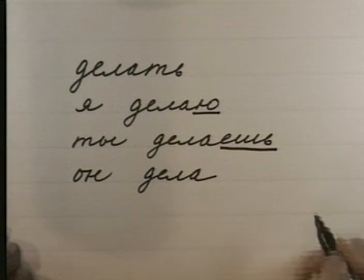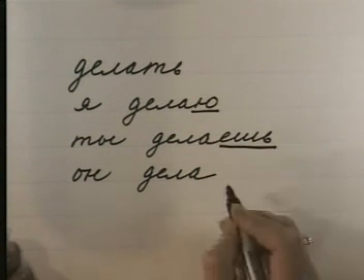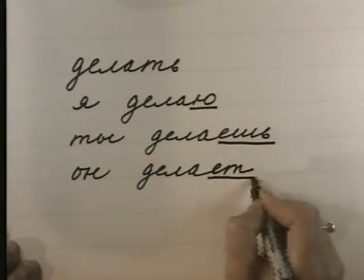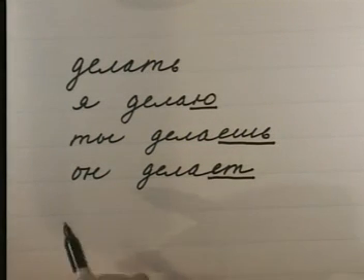And tell me the ending. Ет. Он делает. Хорошо. Well, you can go ahead and work on the plural verb forms on your own, because you do know all the endings. And the endings, as I have said, will always stay the same. No matter what verb we are working on, the endings are the same.